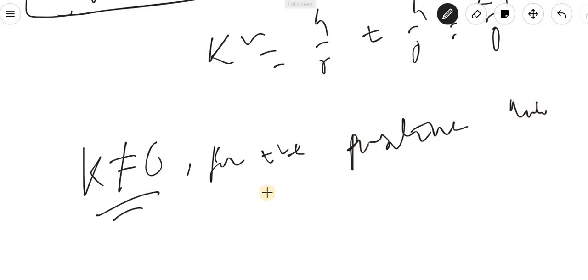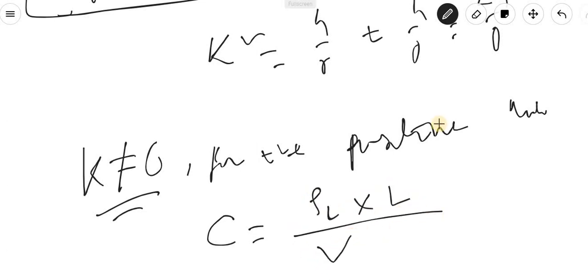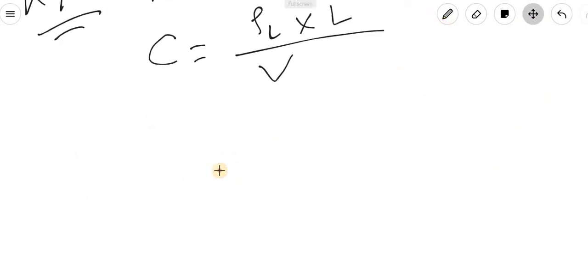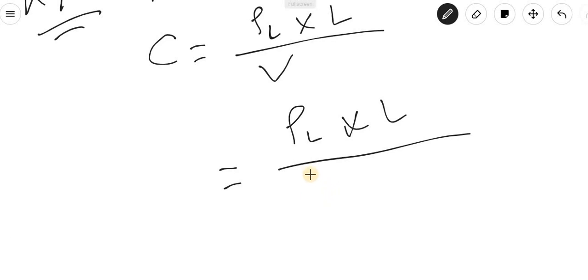The capacitance is rho L into L by V. Here rho L into L, and what was V?